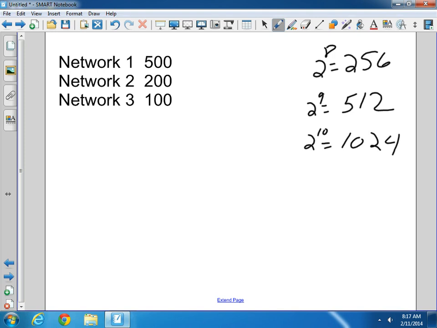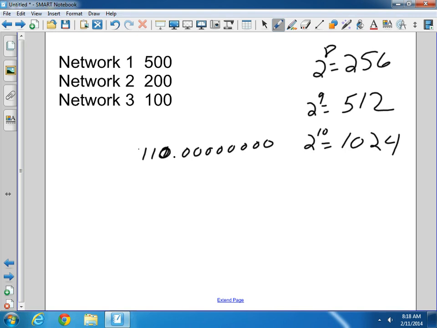So in this example, how many zeros are we going to need? 1, 2, 3, 4, 5, 6, 7, 8. We need one more zero. There we go.